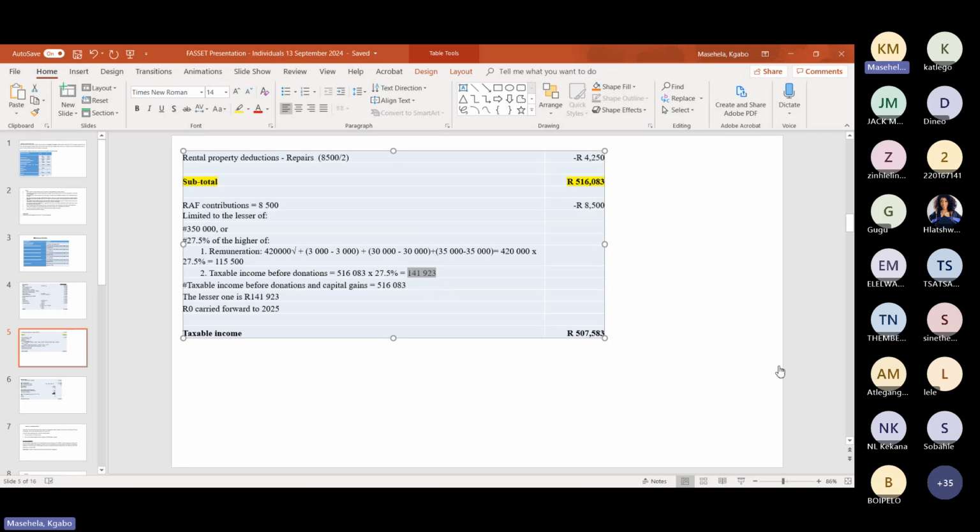Let me see, there is a question: for annuity in remuneration, why don't you subtract 29,116 and use 35,000? I don't know what to say, but I will explain it to you. Remember, the amount that was paid is 35,000, not 29,000.